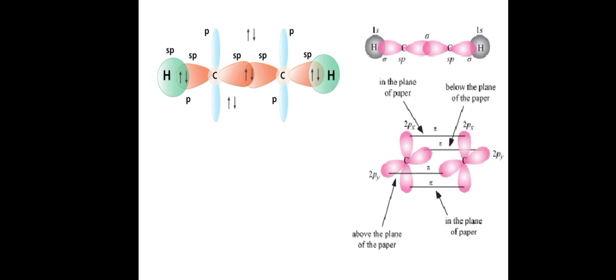Each of the two unhybridized p orbitals of both carbon atoms overlaps sidewise to form two pi bonds between the carbon atoms. So, the triple bond between the two carbon atoms is made up of one sigma and two pi bonds.